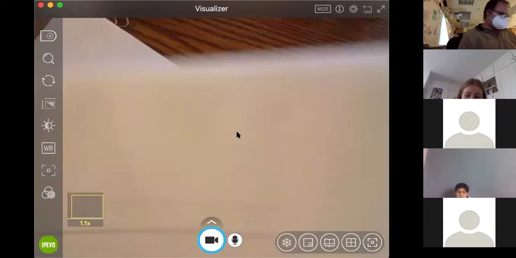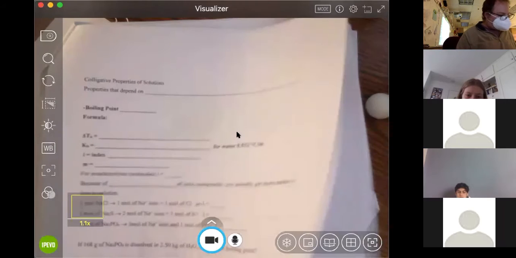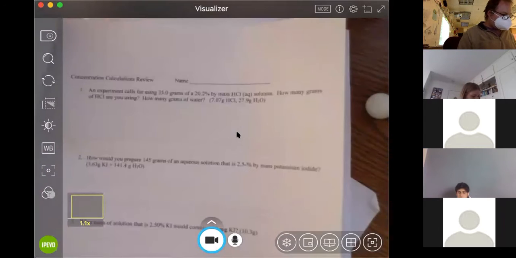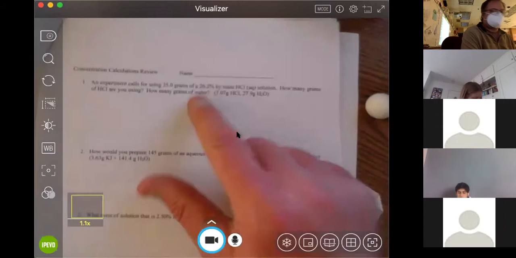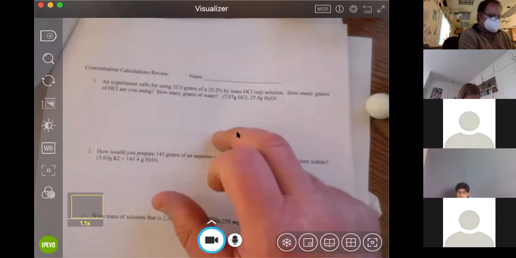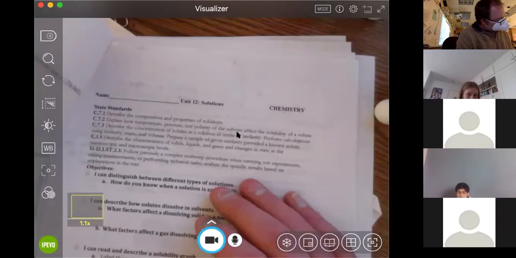All right, then that takes us to colligative properties. If you want more practice problems like those, it is on page 25, and I will paste the answers of these from page 25 to 26.